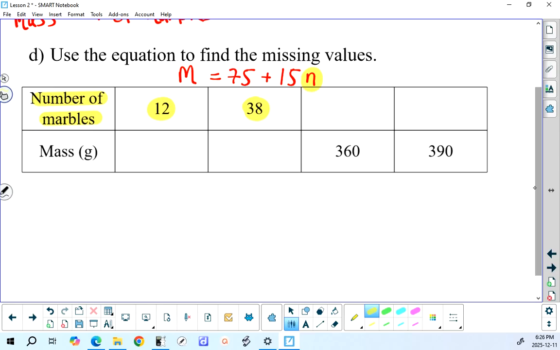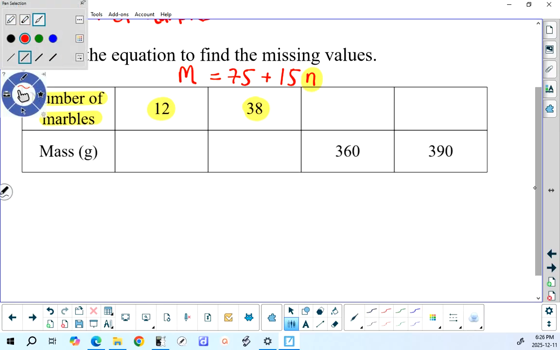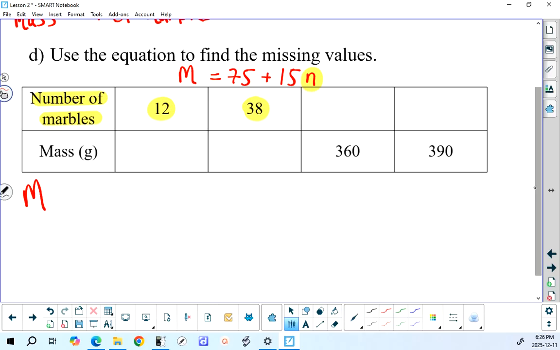Let's do that first. So the mass with 12 marbles will be 75 plus 15 times 12. And you can go ahead and calculate that. I'm getting 255.